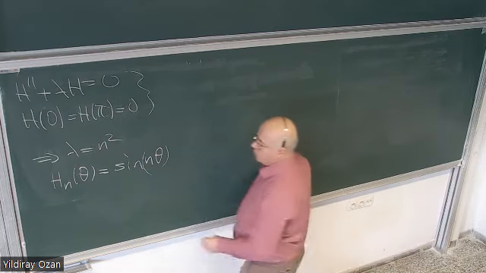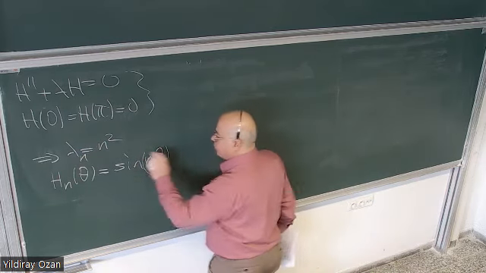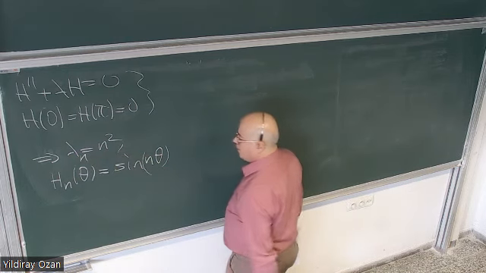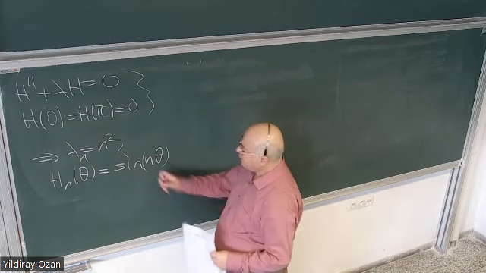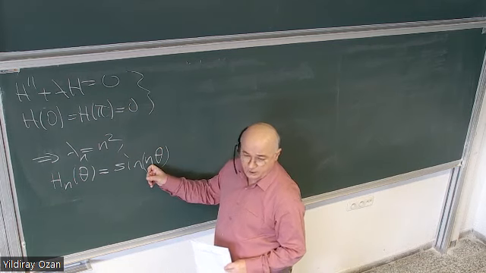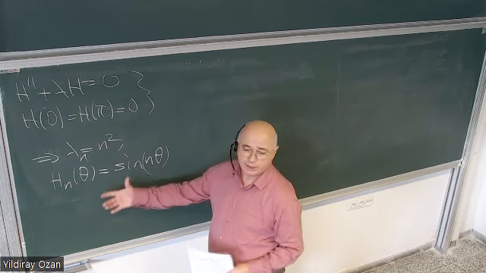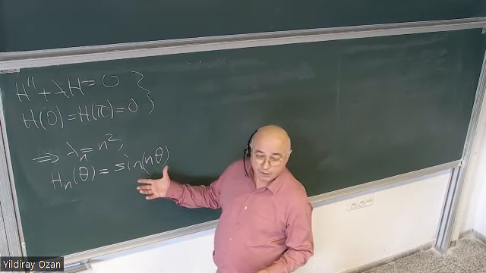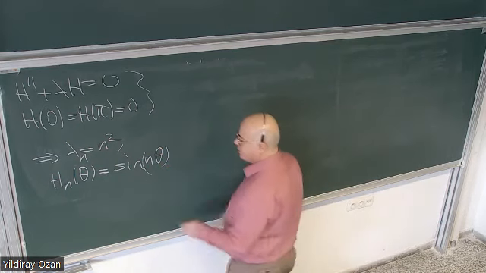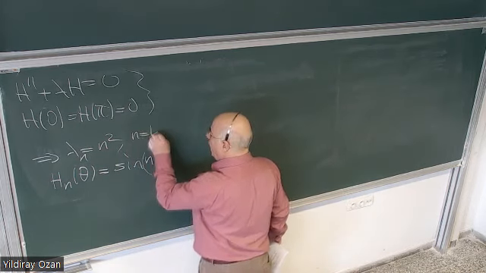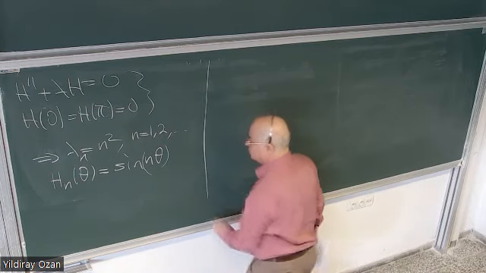Okay, now let me just decorate this with n also. And I cannot let n equal 0, because in that case, again, I will get the 0 solution, right? So that's not meaningful. So n is just a positive integer.